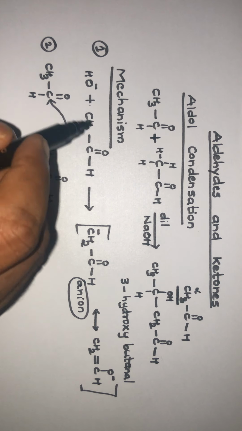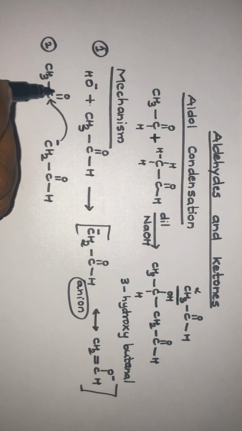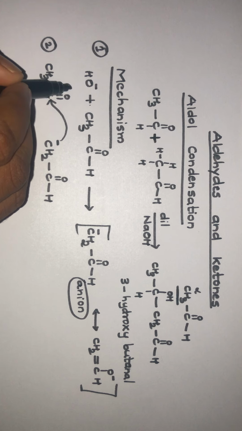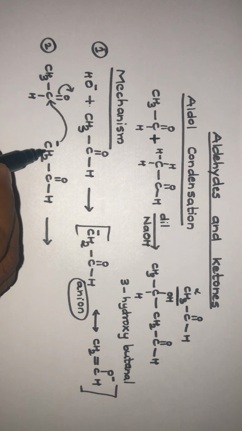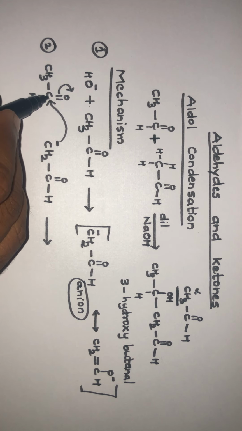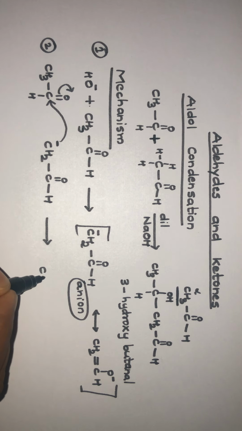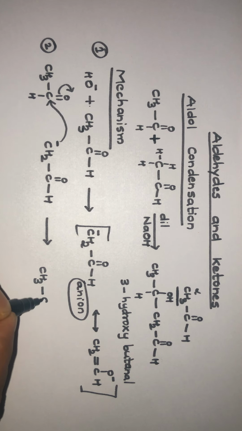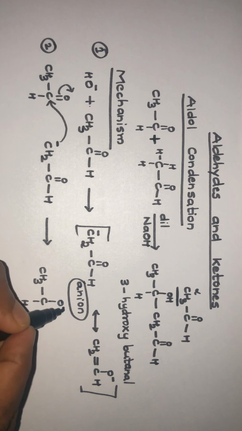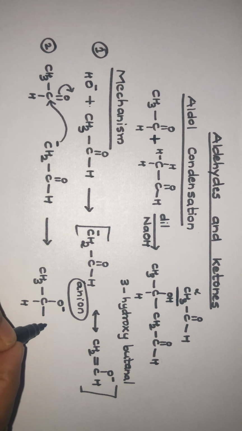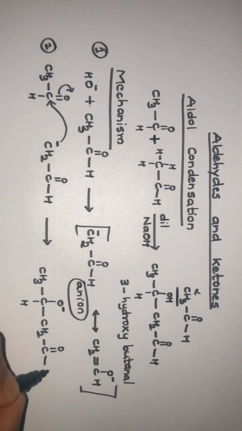When it attacks the carbonyl carbon, this bond moves here, double bond O becomes single bond O minus. So this is what happens. A bond between this carbon and the carbonyl carbon forms. So you get CH3, H, O minus, CH2 C double bond OH.